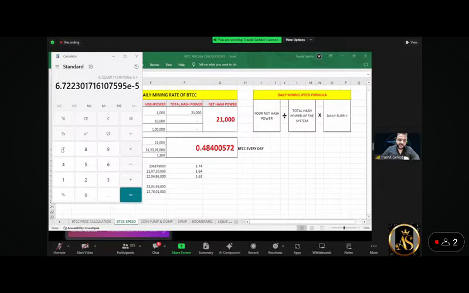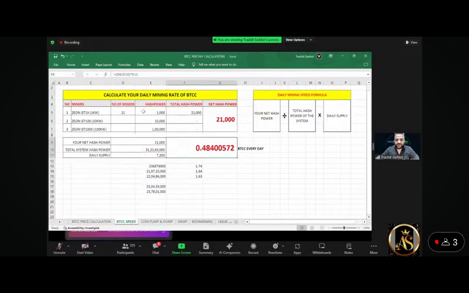The daily supply is 7,200. This is before the first halving. After the first halving, it will be reduced to 3,600. So this comes to around 0.48 BTCC every day. That means my 21 NFTs together are mining 0.48 BTCC every day. So this is how you determine how much BTCC you get.